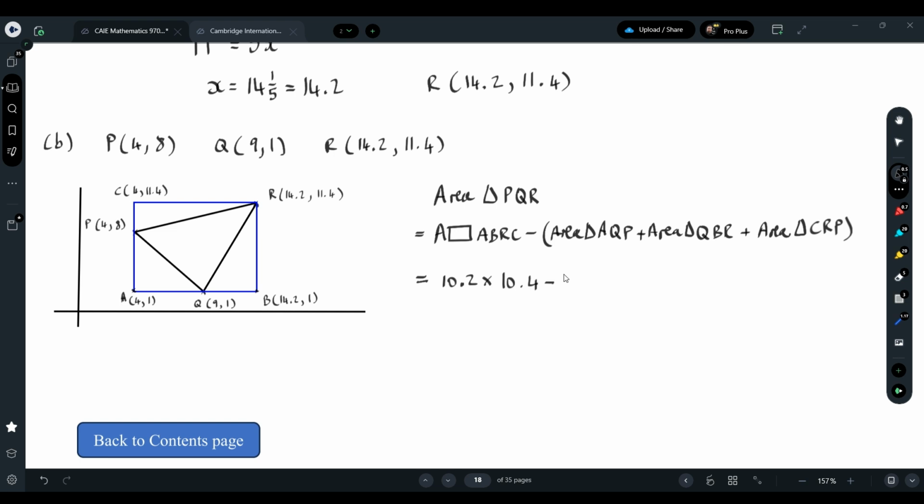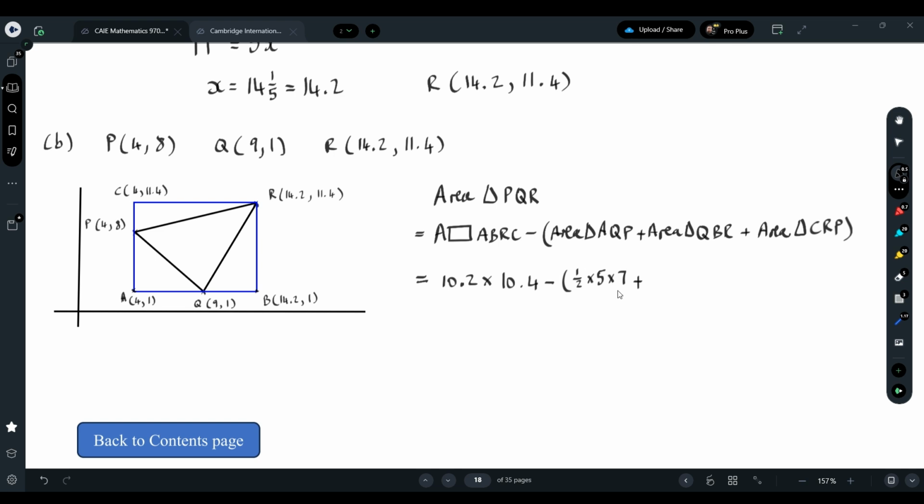Now we need the area of the triangles. So the area of the triangle AQP would be a half multiplied by the base length, which is 9 minus 4, 5, times the height, which is 8 minus 1.